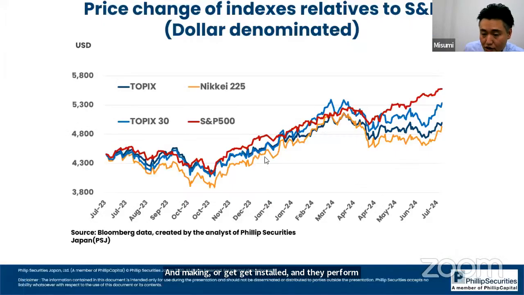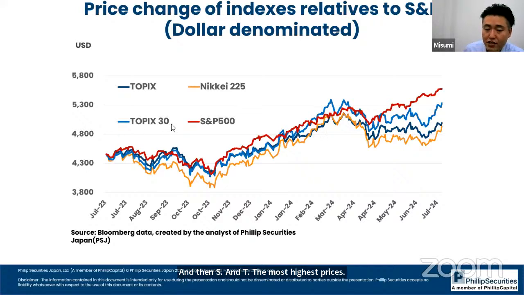Let's move to the USD-denominated indexes. These are normalized by the S&P prices. The first day of July was standardized at the price of the S&P 500 in July 2023, and then the S&P has the highest prices, and next was TOPIX Core 30.